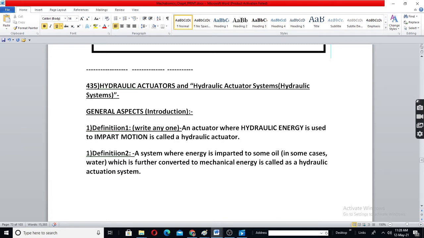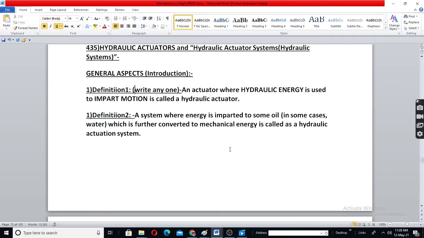In electric actuators, electric energy is used to impart motion. Here, hydraulic energy.